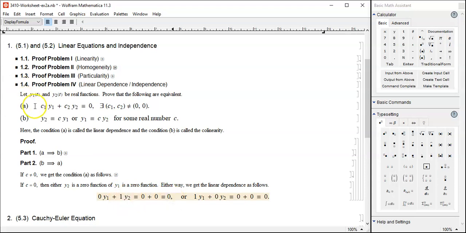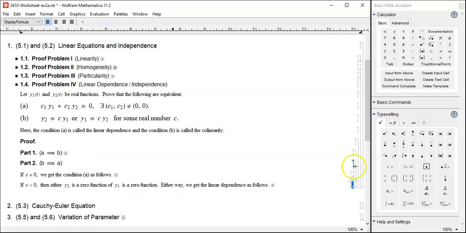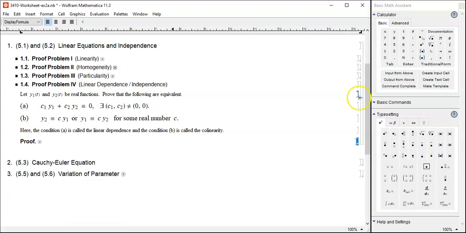So what do you get? c1 and c2 are not simultaneously 0. One of them is non-zero. Same goes over here. So we have the proof. Tricky. But in any case, we successfully completed the proof.